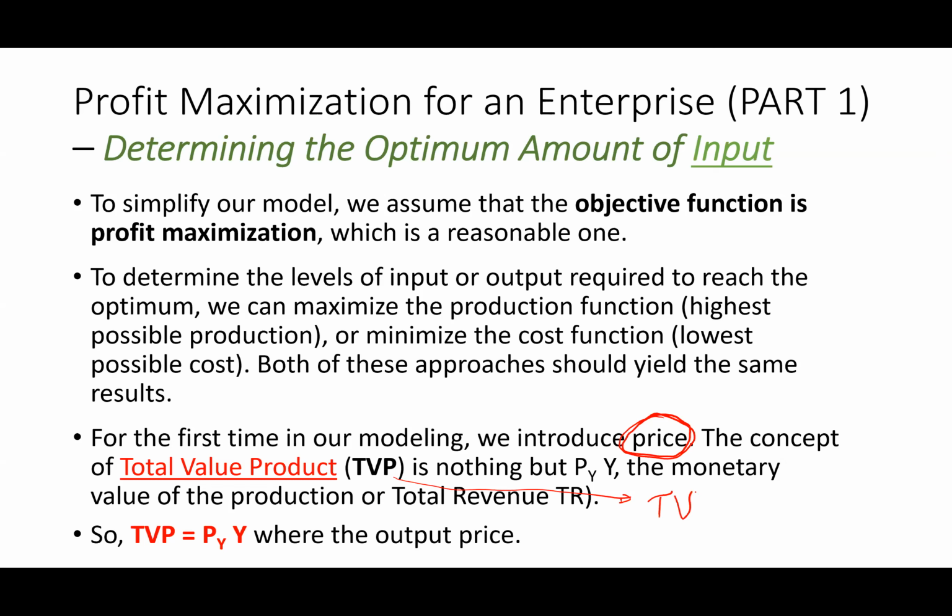The total value product is nothing but the total revenue. We use the term total value product simply because it's in accordance with what we really want to define. And most importantly, the total value product explicitly embodies the concept of price and output.